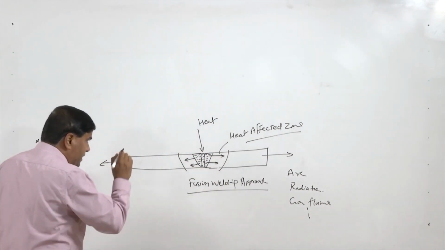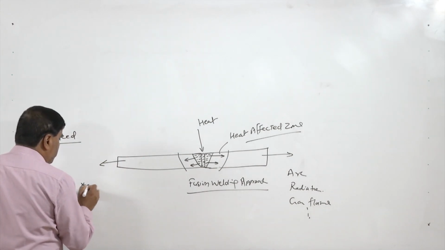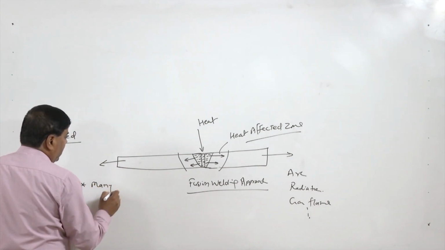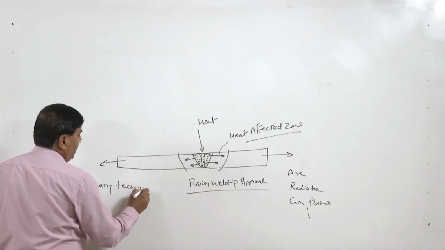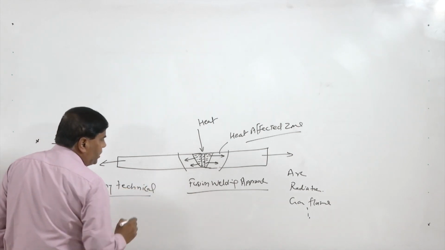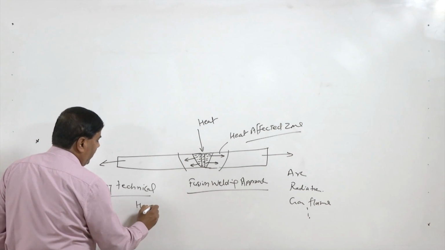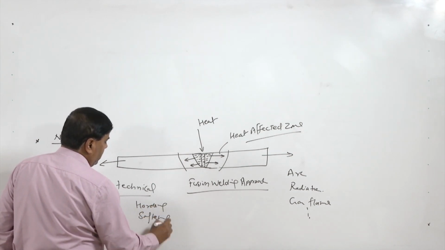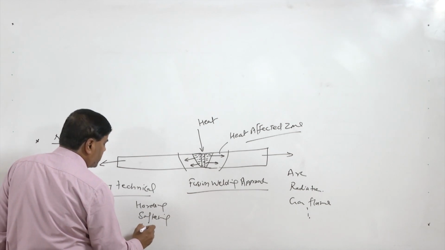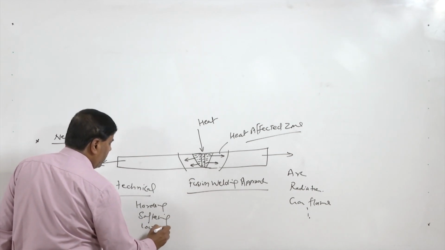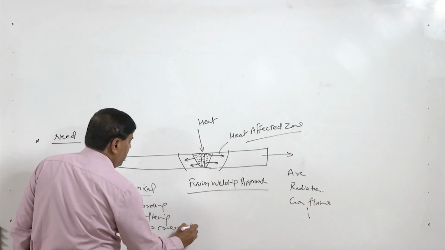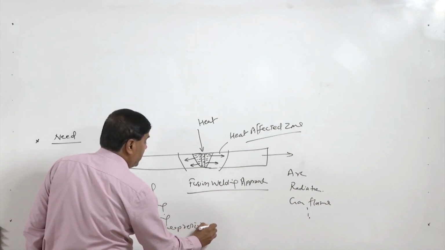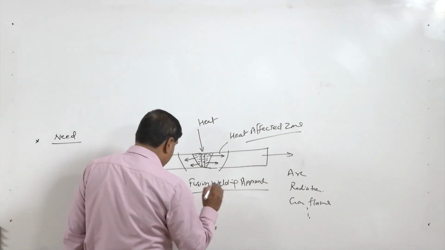So, this heat affected zone poses many technical problems, and these may be in form of the hardening, softening, and like say reduced creep resistance due to the refinement of the grain structure in a heat affected zone at a high temperature.